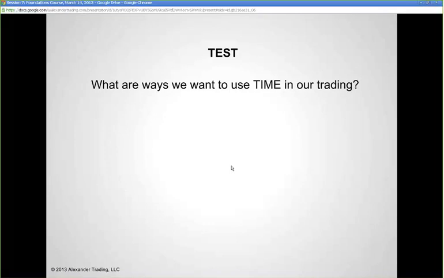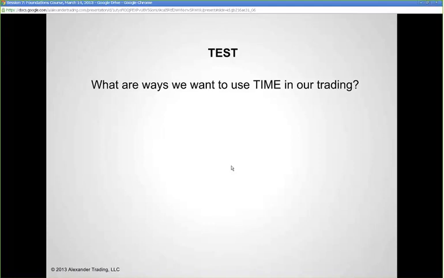If I'm day trading, and I enter a market in the day session at 9:40, my expectation time-wise for that trade is very different than if I enter it at 3:40, right? So time can also help you determine your target too, right? If I enter a trade at 9:40, my target isn't going to be reached by 10 o'clock.